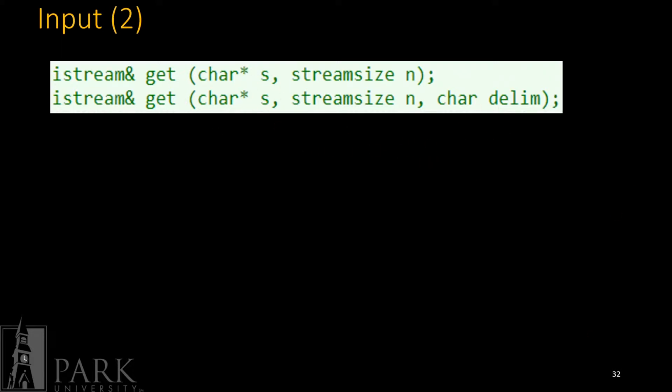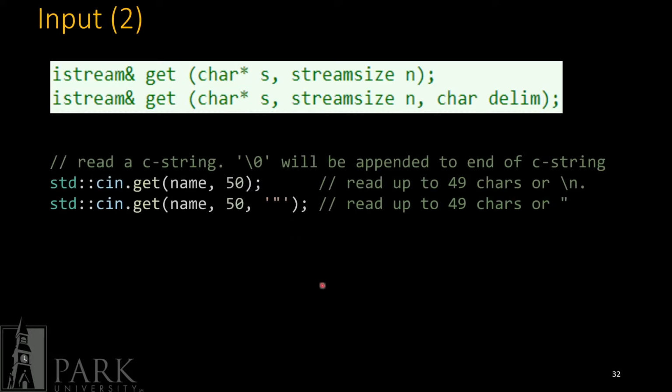Now the second version of this function will store up to the size or until it encounters a delimiting character. In this case, it's going to read up to a new line. In this case, it's going to read up to 49 characters or the single quote.